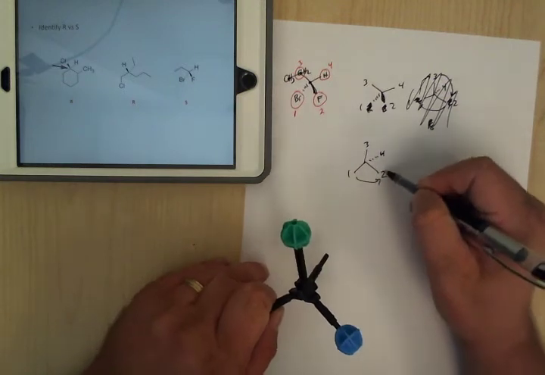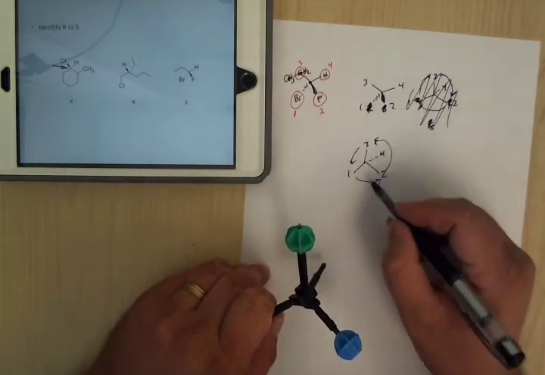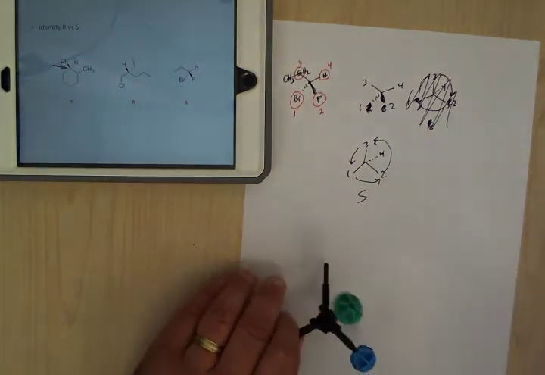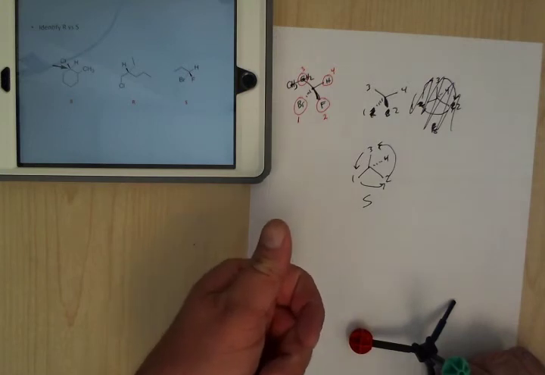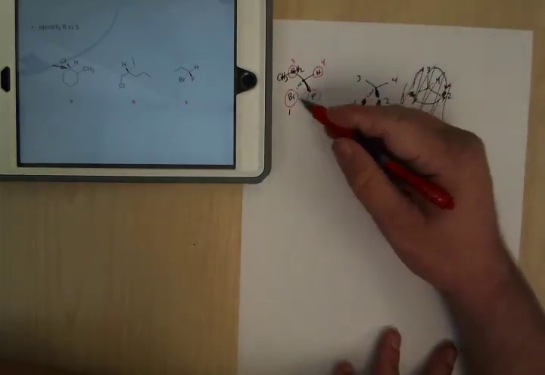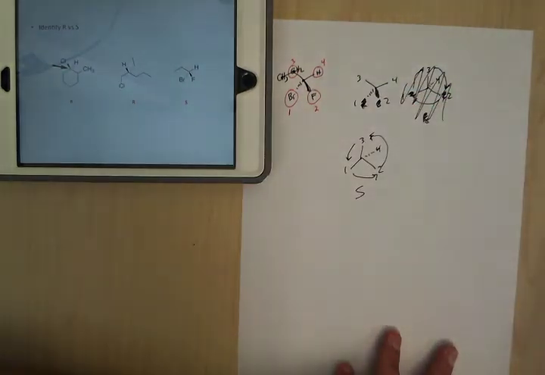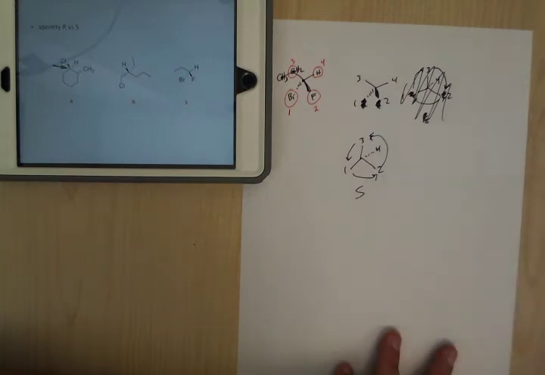Now this makes more sense. There we go. Now it's counterclockwise, which is S. So the 4 goes here, 2, 3. You've got to be careful when you transcribe these things, obviously, because I screwed up. So there you go.